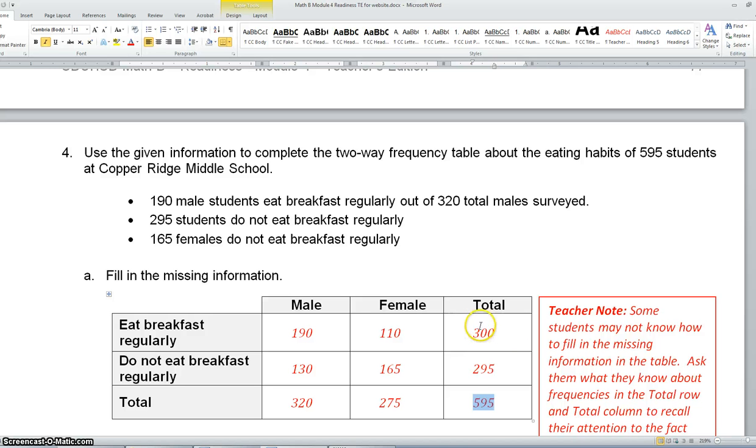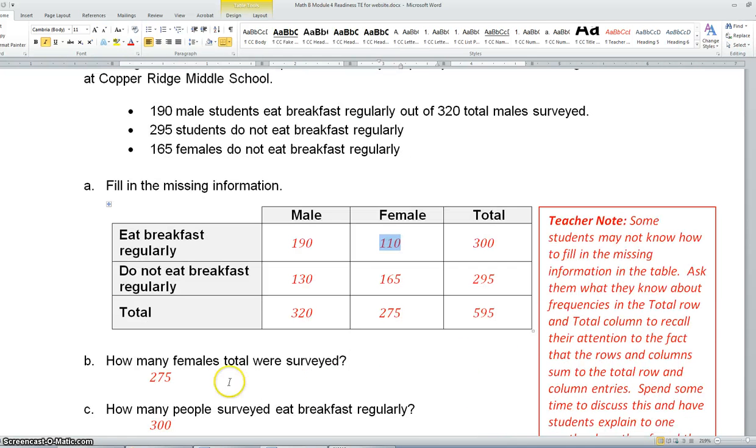In other words, this plus this is this. Now, that number you don't have yet, but you can calculate it. Again, this plus this must equal 300. So take 300 and subtract 190, and you get 110. And now your rows and columns should all add up and be filled in.